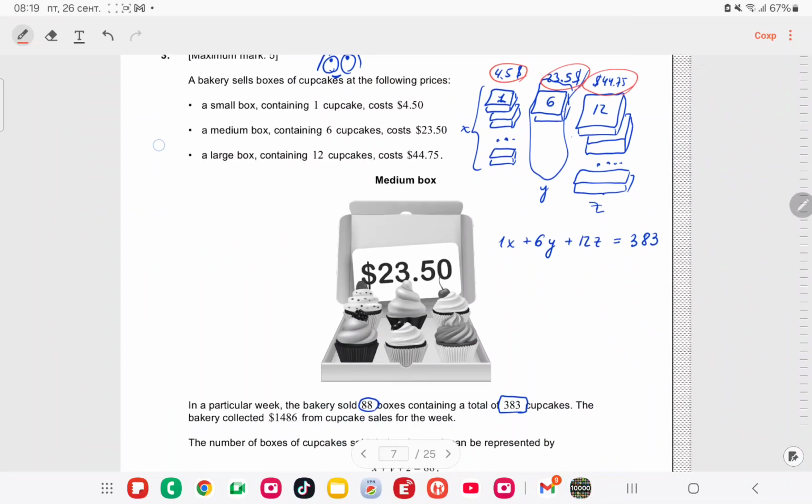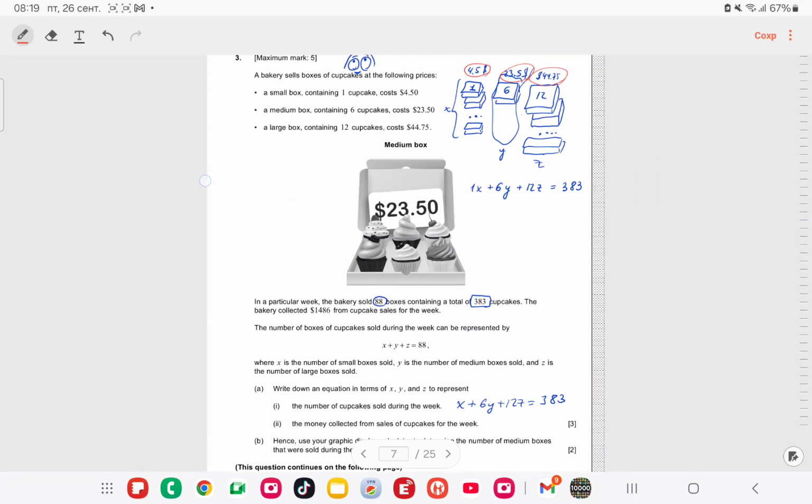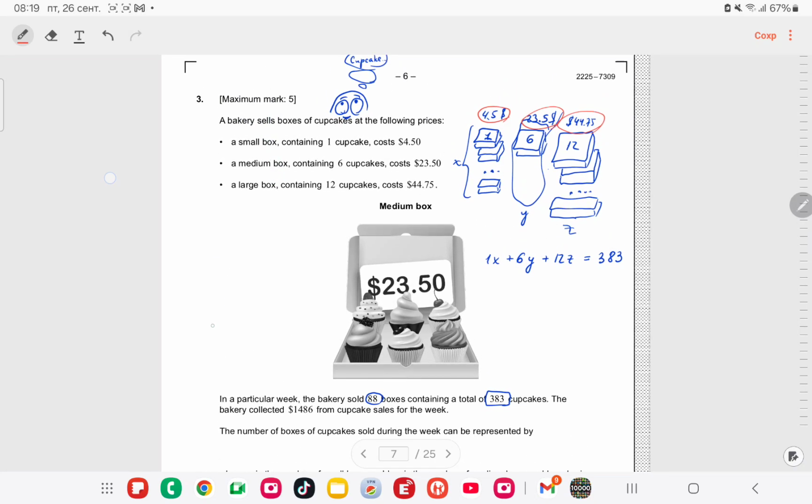So let's construct the equation for the money collected from the sales of cupcakes: 4.5x plus 23.5y plus 44.75z is equal to 1486. So this is our third equation.